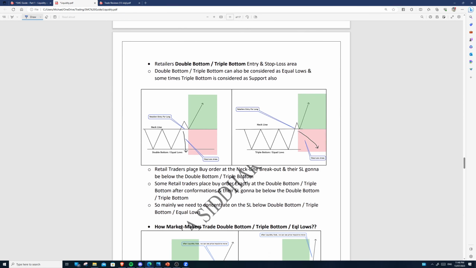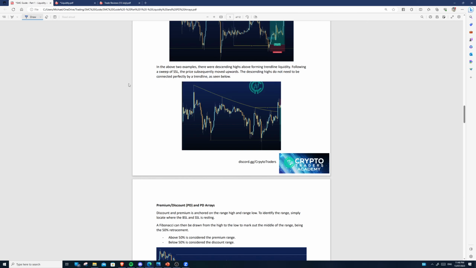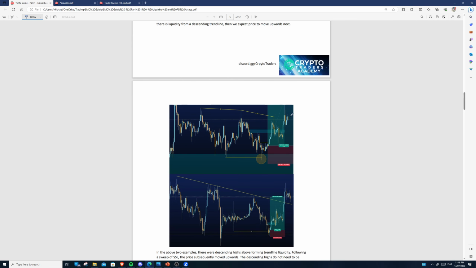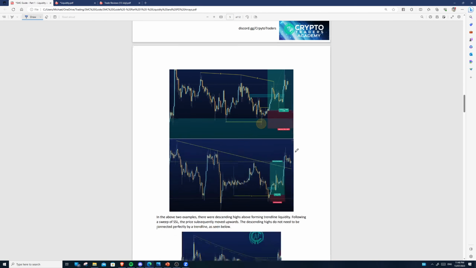Personally, the way I use trendline liquidity is to identify which direction the market makers will look to hunt next after a sweep. You can see in this example, we have a sweep of the lows followed by expansion towards the upside, and we have this trend line liquidity here that we can use as a price target.